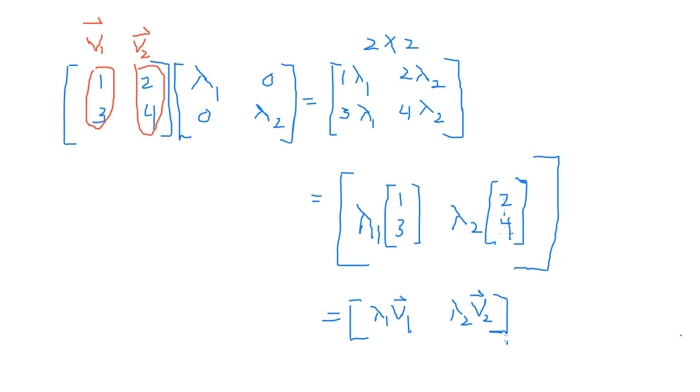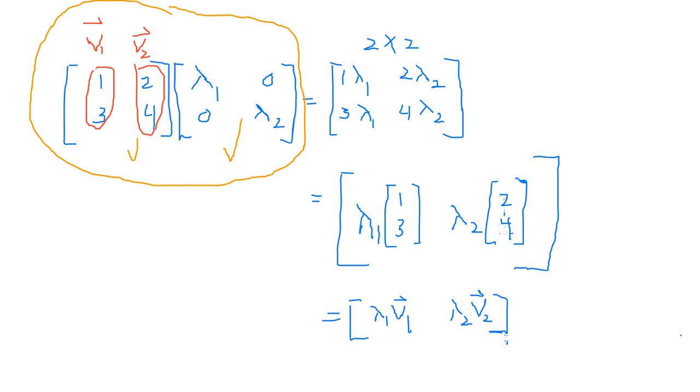So what I'm trying to demonstrate to you is that if you take a matrix and look at its column vectors, and then you multiply it by a diagonal matrix, the columns of the product matrix are lambda 1 times the first column, and the second column is lambda 2 times the second column, from the V2.